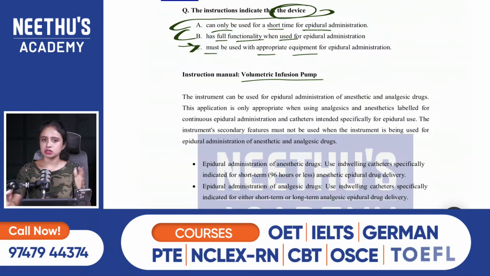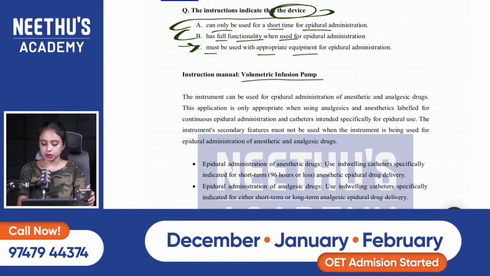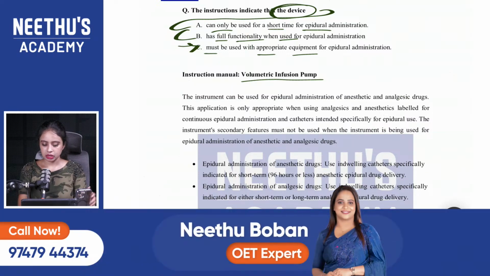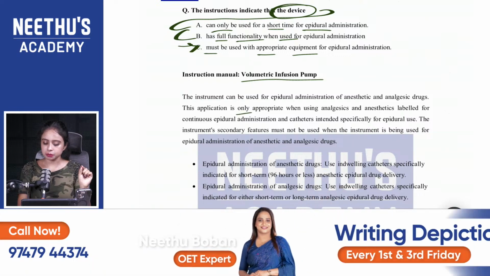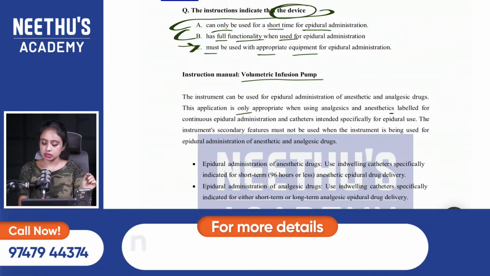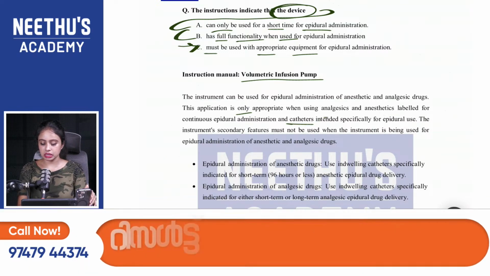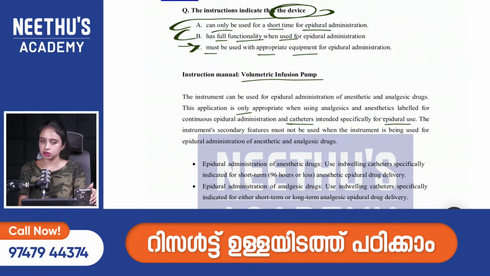So now we can read, and this is a very small text. In the previous class the text was too lengthy, so today I made it a little bit smaller. The instrument can be used for epidural administration of anesthetic and analgesic drugs. This application is only appropriate when using analgesics and anesthetics labeled for continuous epidural administration and catheters intended specifically for epidural use.